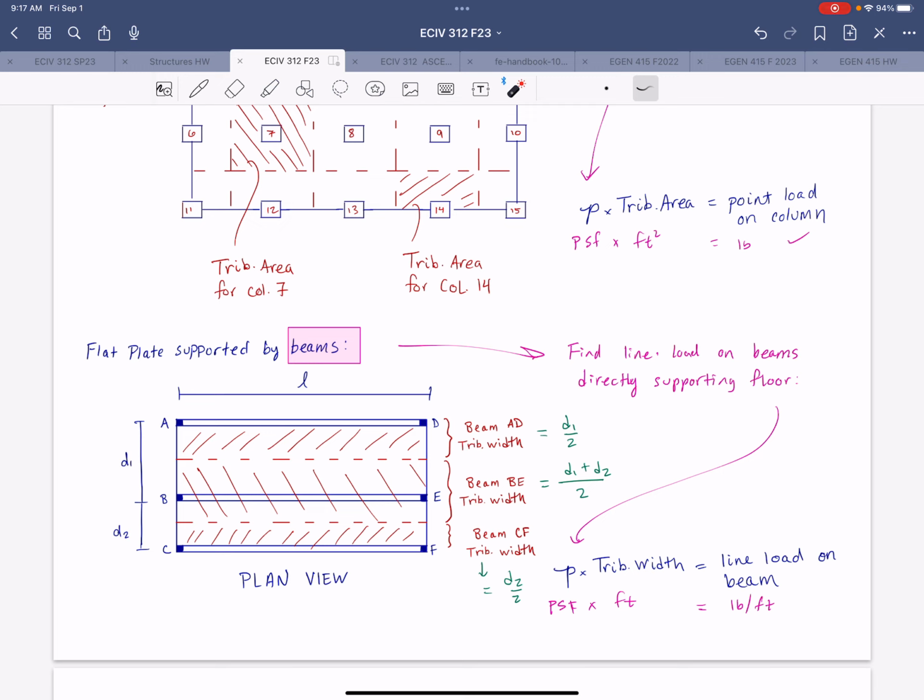You'd have to have beams going to the left and right of that one as well, or up and down. So there's a lot of different things that would need to change in order to turn this into a two-way floor system. If you had a regular network of beams in both directions like that, then it could be designed as a two-way floor system.